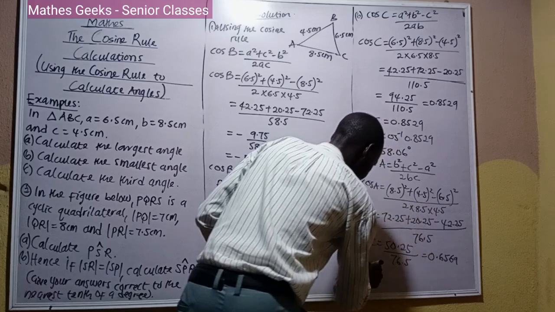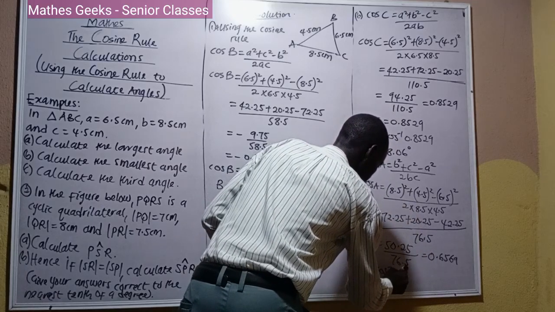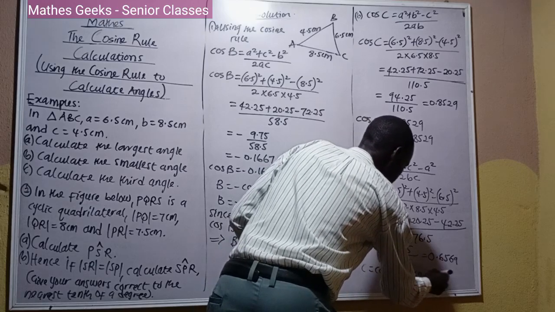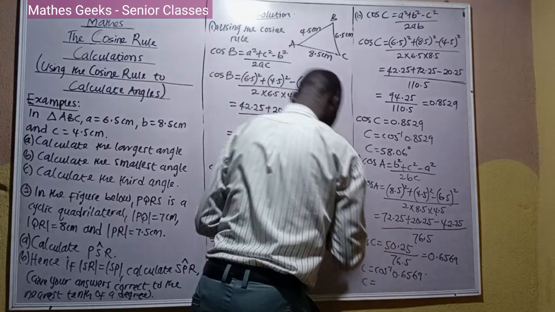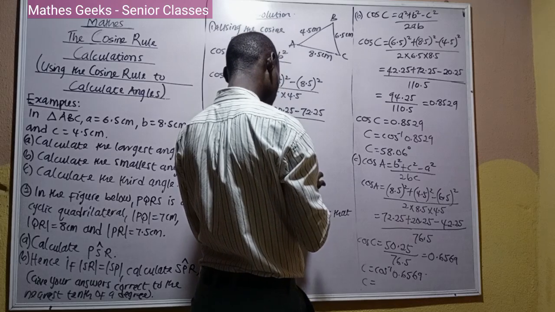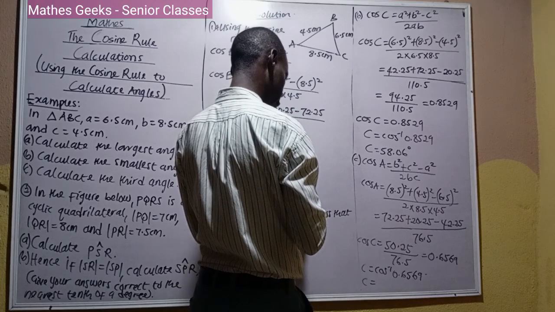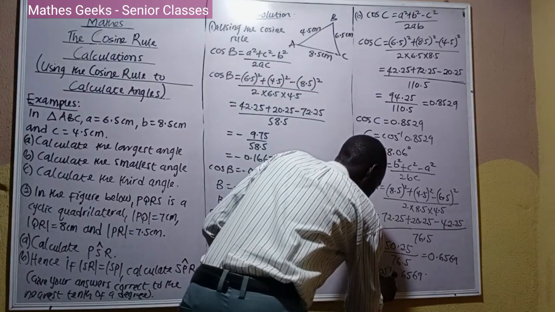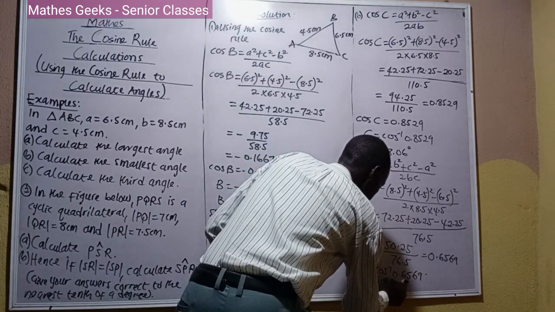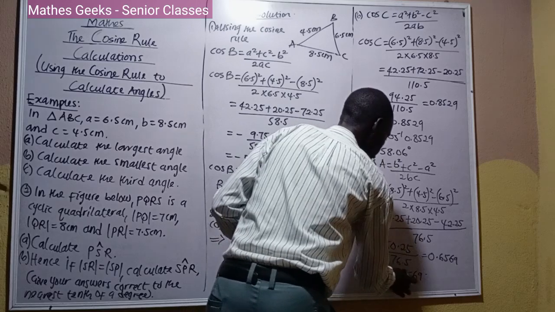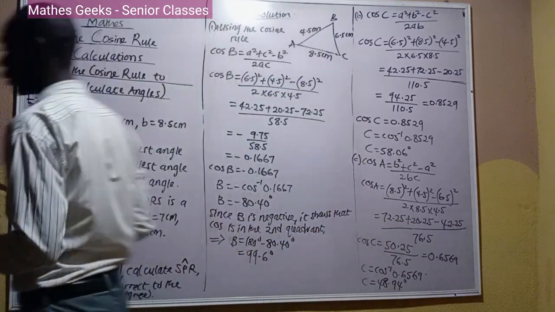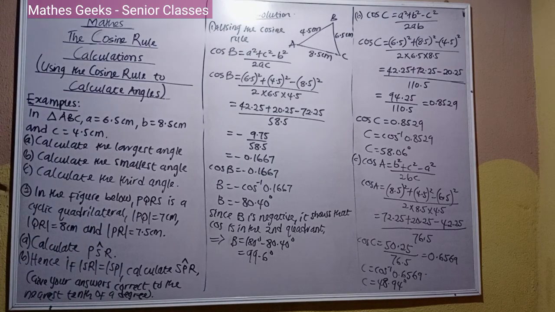So A is arc cos 0.6569, and A is equal to shift cos 0.6569, 48.94 degrees. So those are the values of the angles of triangle ABC.